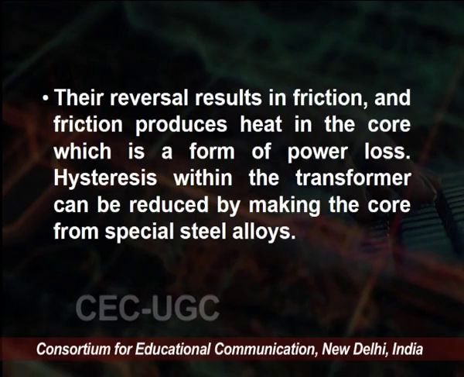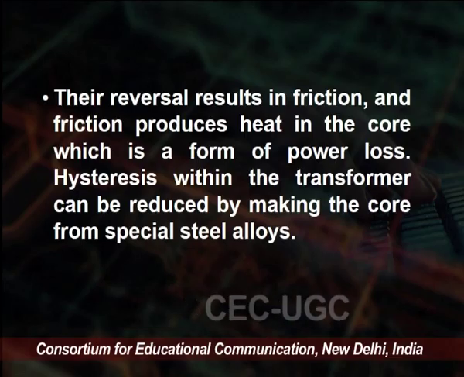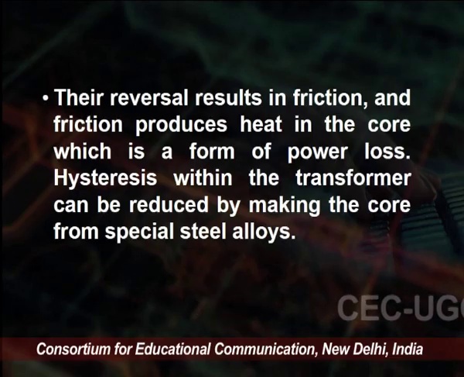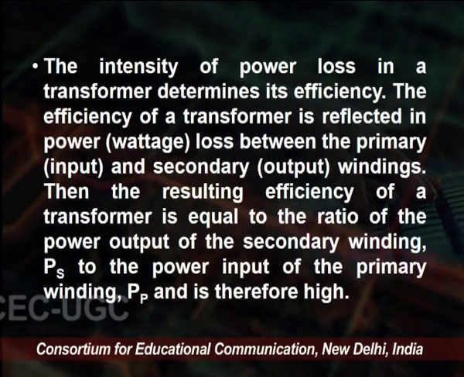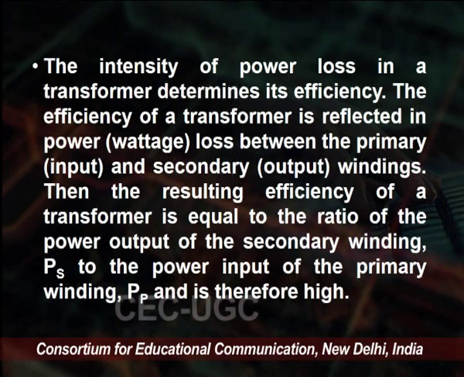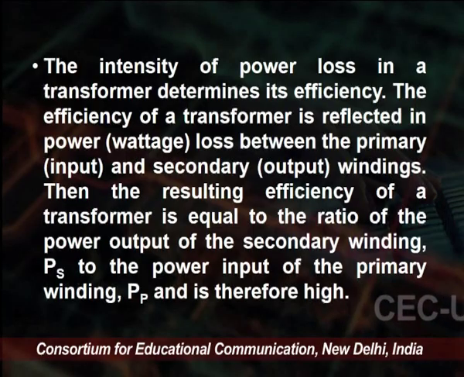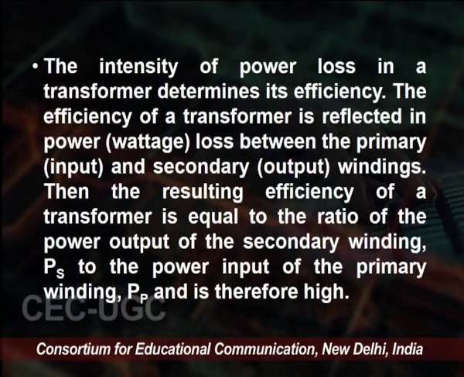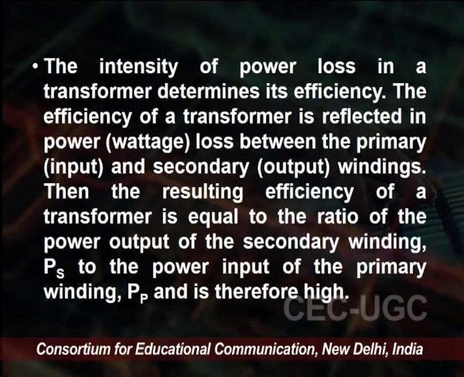Hysteresis within the transformer can be reduced by making the core from special steel alloys. The intensity of the power losses in the transformer determines its efficiency. The efficiency of the transformer is reflected in the power wattage and loss between the primary and secondary windings.